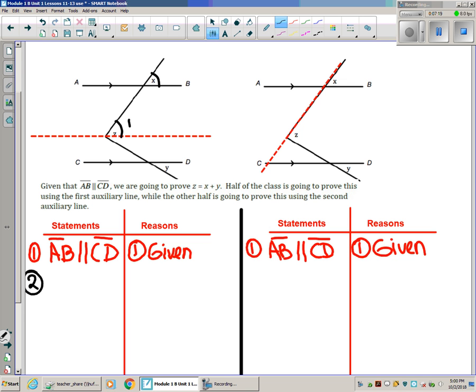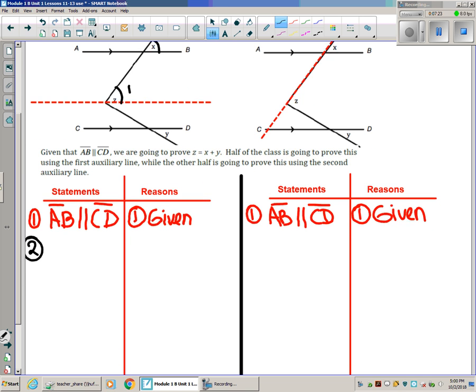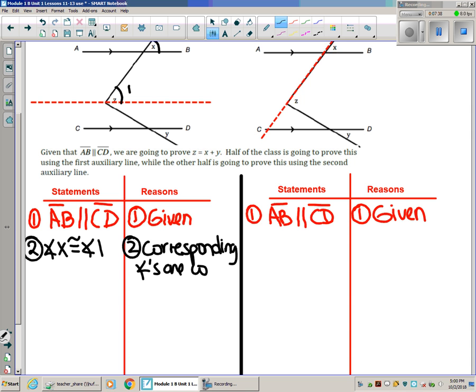So I'm saying that angle X and angle 1 are exactly the same angles. The reasoning behind that is that they are corresponding angles. They are congruent. I'm going to make my little equals with the squiggly.